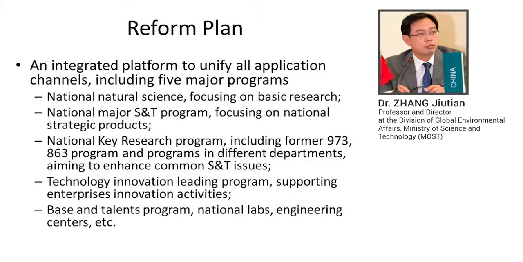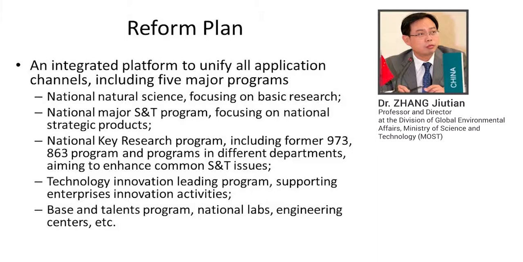One is natural sciences that focus on basic research. Second, the National Major Science and Technology Program, focusing on the national strategic issues and products. Third is national key research programs.